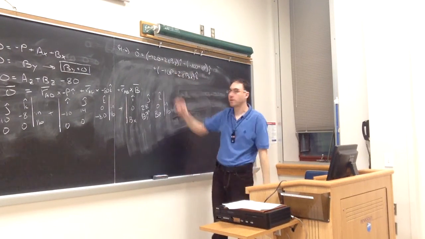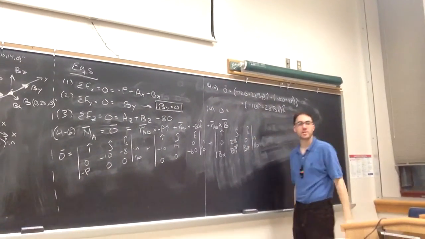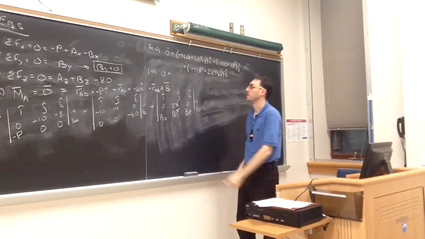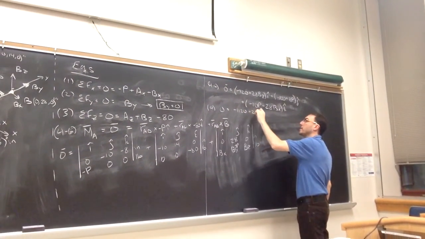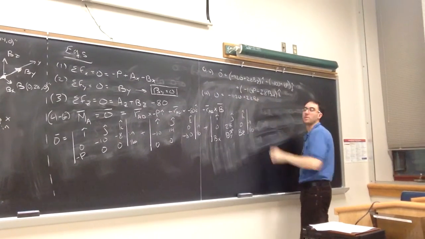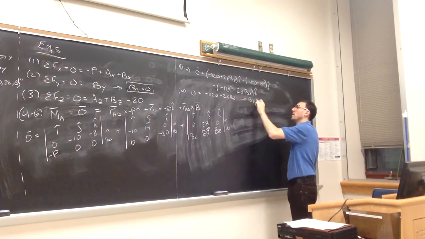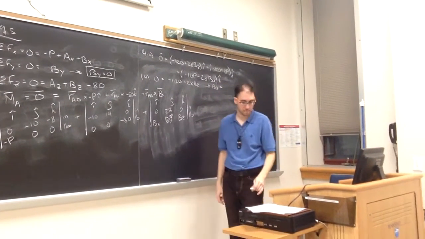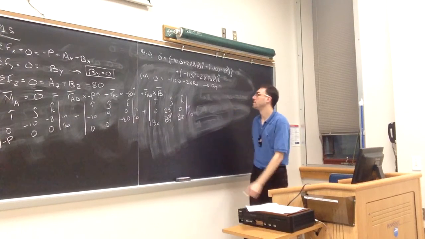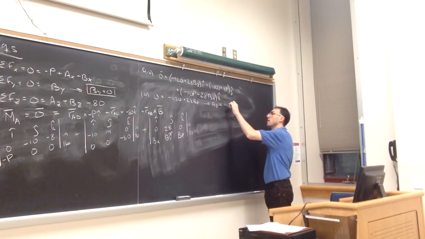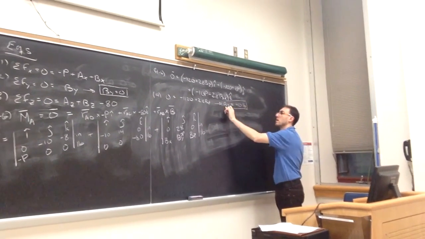This one vector equation I split out, so I individually set my coefficients equal to 0. For equation 4, negative 1120 plus 28 BZ is equal to 0. In equation 4, my only unknown is BZ. BZ then is positive 40 pounds, so at least my assumption of direction was correct here.